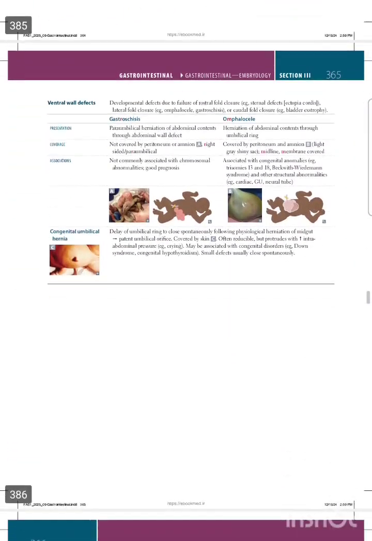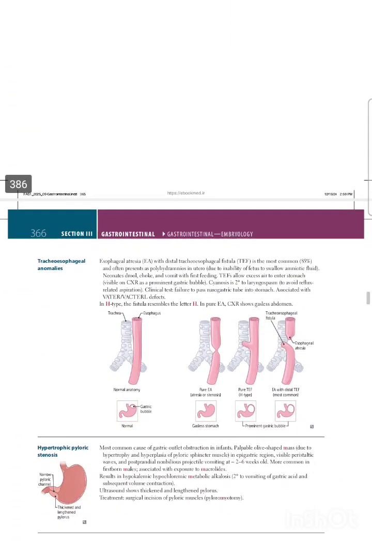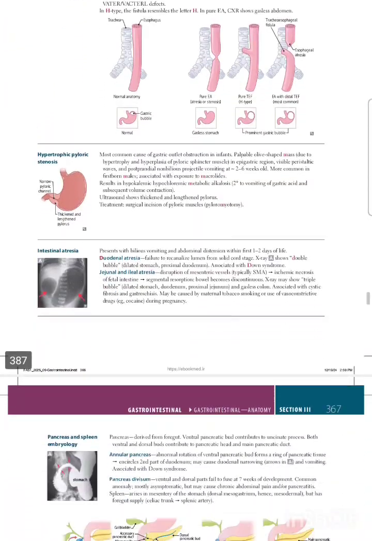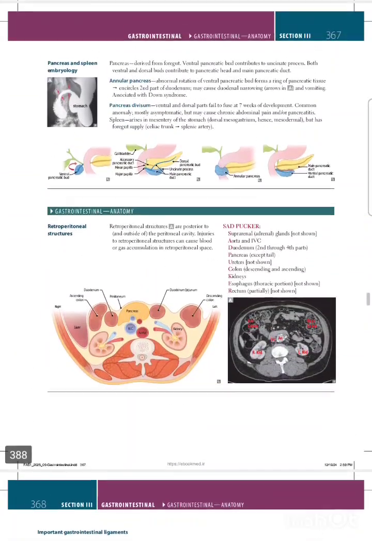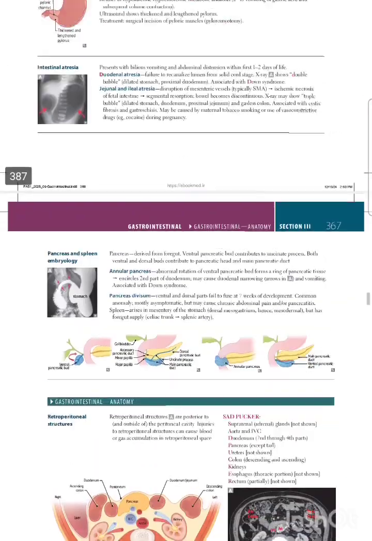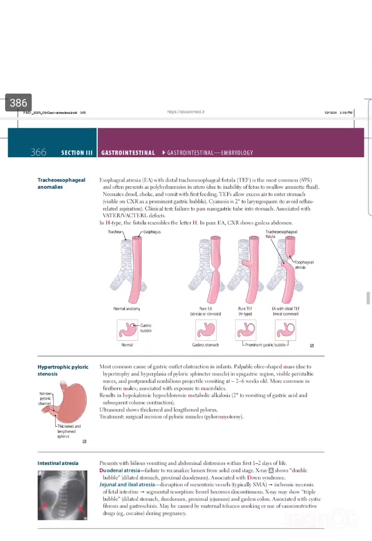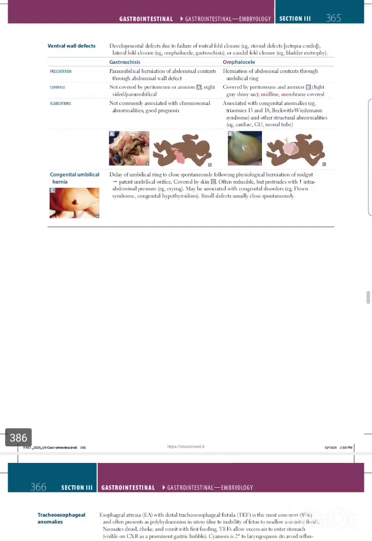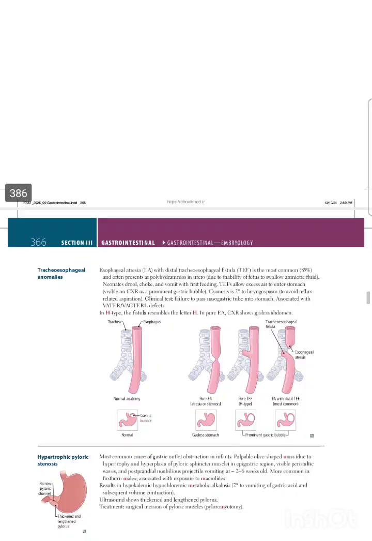Sorry, I almost forgot to show you guys the pages. So we had here gastroschisis and omphalocele.